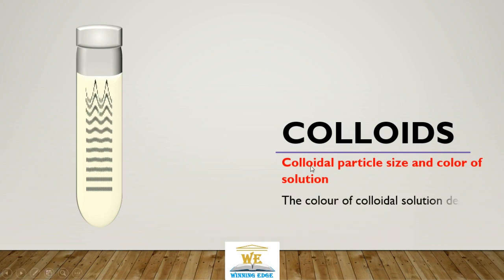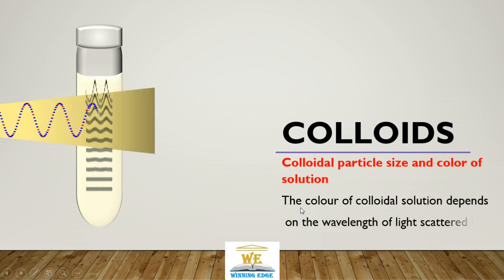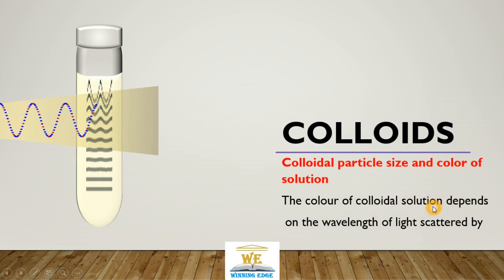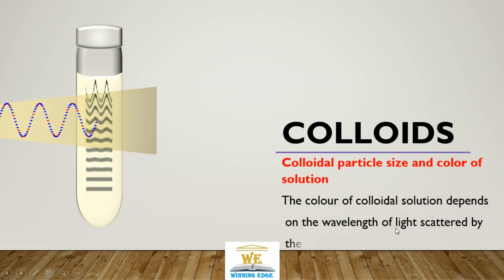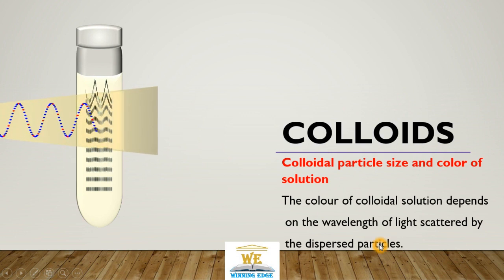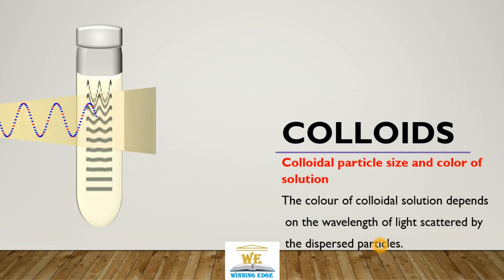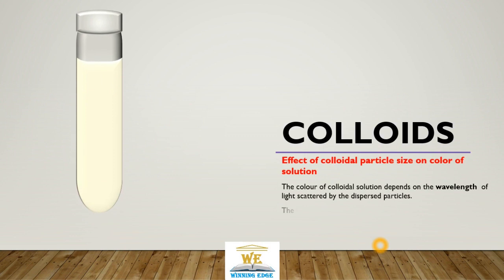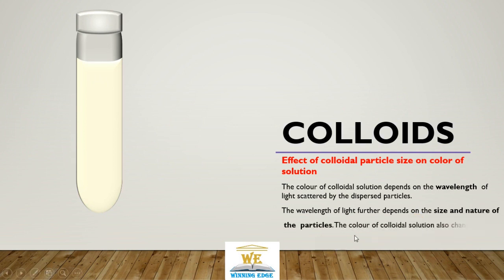So what is the relation between the colloidal particle size and the color of colloidal solutions? The color of colloidal solutions depends upon the wavelength of the light scattered by the dispersed particles. The wavelength of the light further depends on the size and nature of the particles. The color of the colloidal solution also changes with the manner in which the observer receives the light.